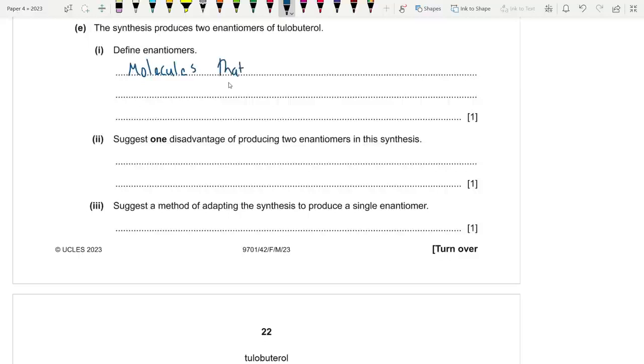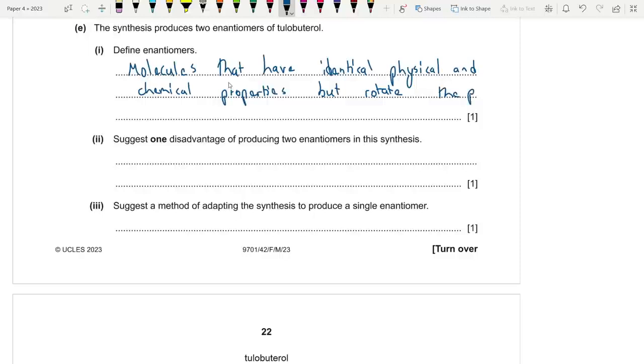Molecules that have identical physical and chemical properties, but rotate the plane of polarized light differently, or in the opposite direction. You learn Malus's law in physics, right?